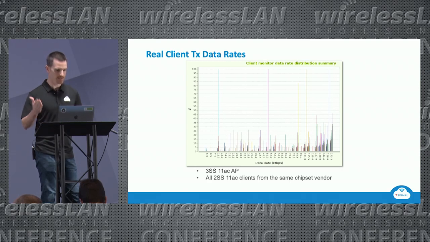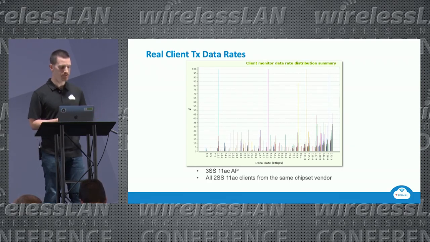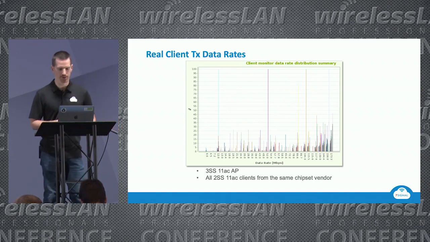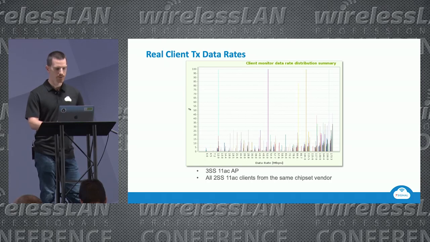So the right side of the chart is the highest data rates available, left side is the lowest. And what you see is, yeah, there's a big clump of high data rates in use, but there's a fat tail of low data rates in use as well. So maybe we need to be more conservative about our capacity planning when we're thinking about these specific clients.